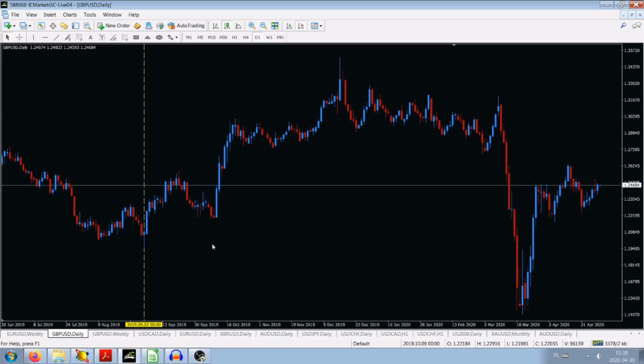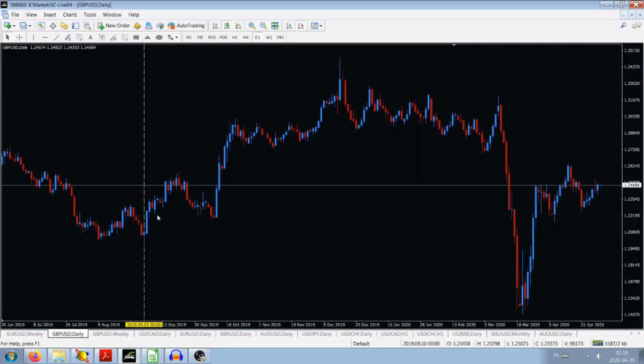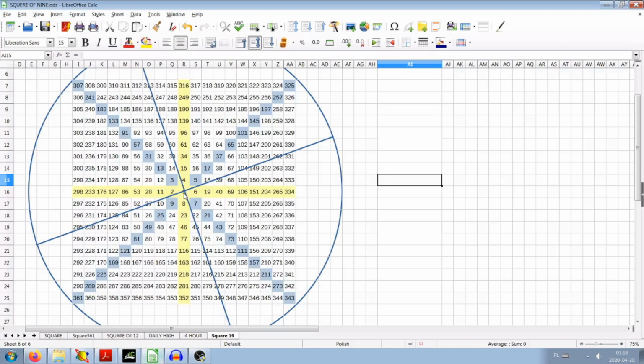So we go back to the square of 9. Here we go. And as you remember, we had 13 candles over here, 7 candles over here, and at the moment we are trying to find where is 13. So 13 is over here, this one. So we might presume that on this diagonal, after a certain number of candles, the market will return. So after 13, the next turning point we've got opposite, which is 21. Next one is 31.